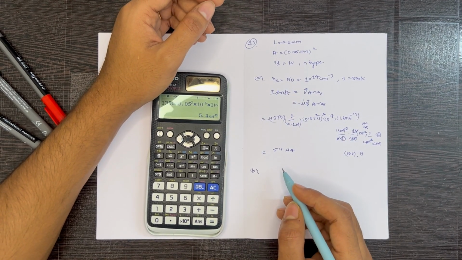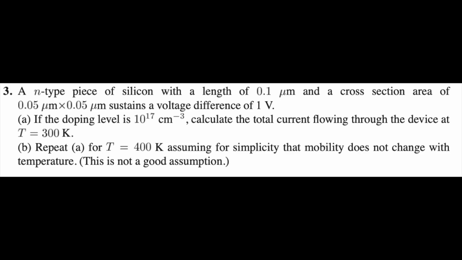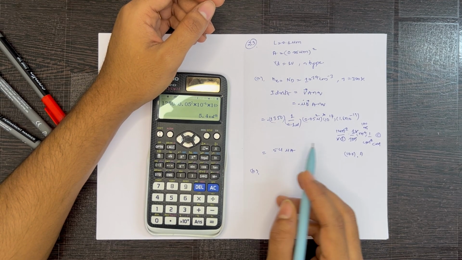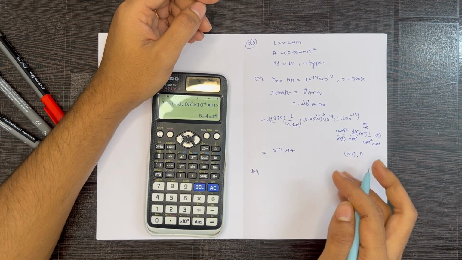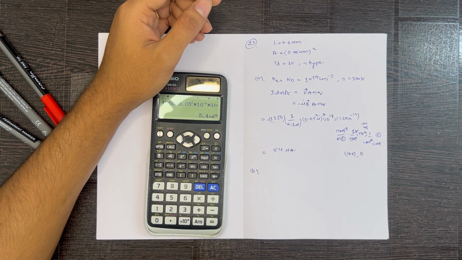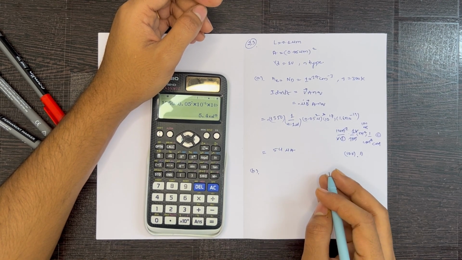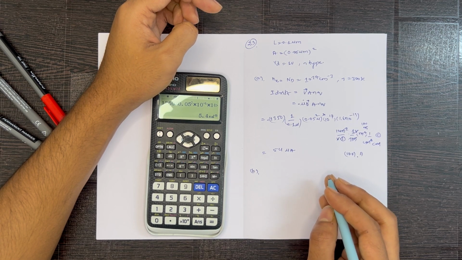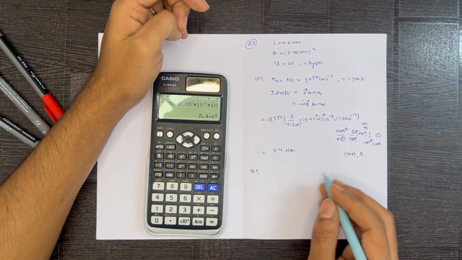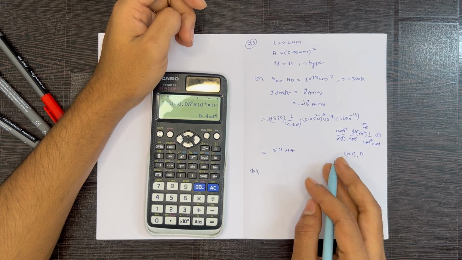Now let's go to the second part of this question. They say repeat for T equals 400 Kelvin, assuming for simplicity that mobility does not change with temperature. Whenever the temperature is increased, the number of charge carriers in the intrinsic semiconductor will increase, but the doping concentration remains the same.